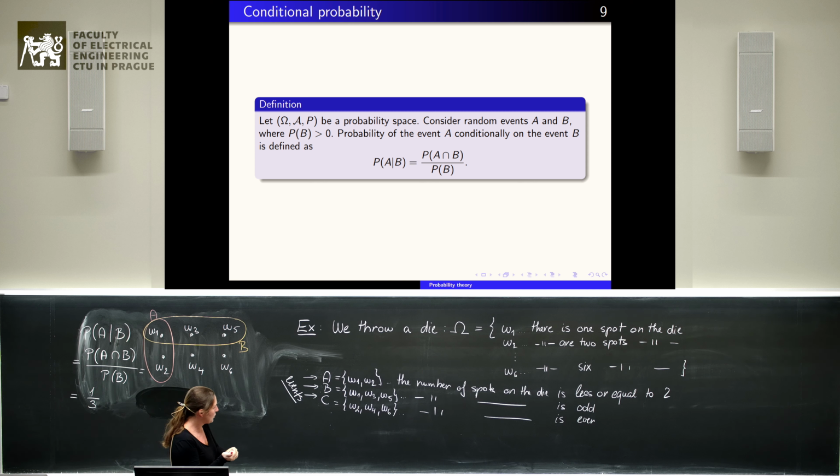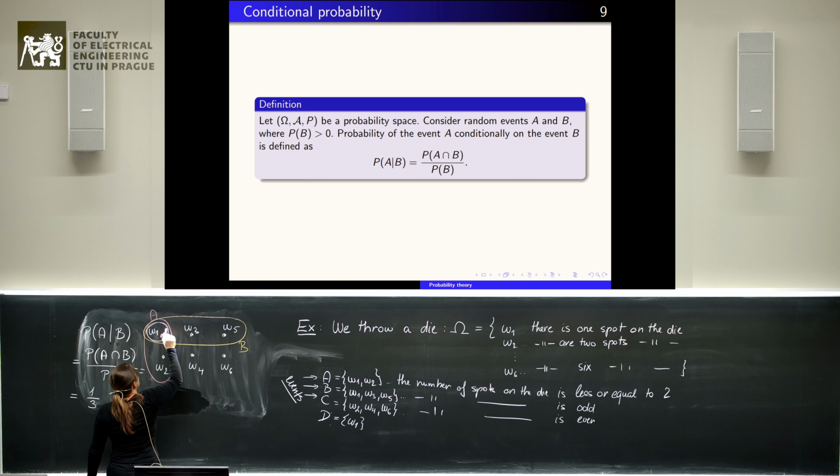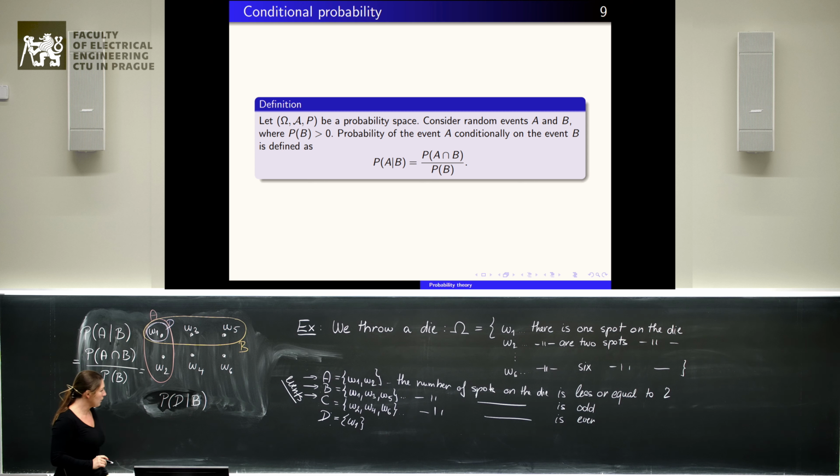We'll consider another situation. We'll consider event D consisting of only one event. So we will consider small event D. And we want to calculate the probability that there is one spot on the die conditionally on B. So it means conditionally on the information that the number of spots is odd.